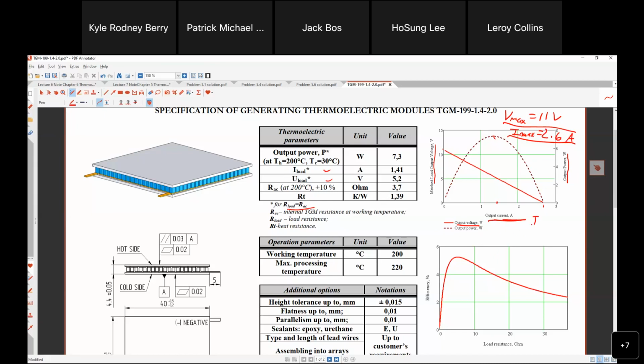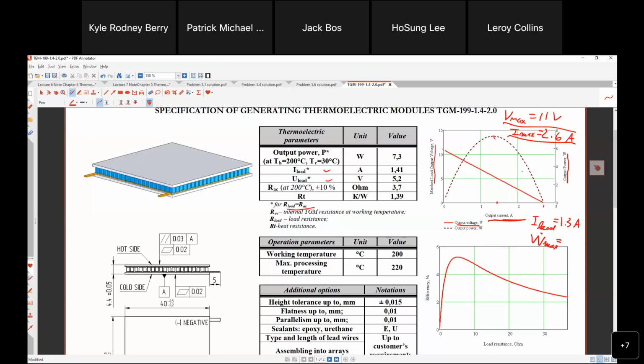Now, load. What is the load current? Maximum power is load. That's 1.3. What is maximum power?